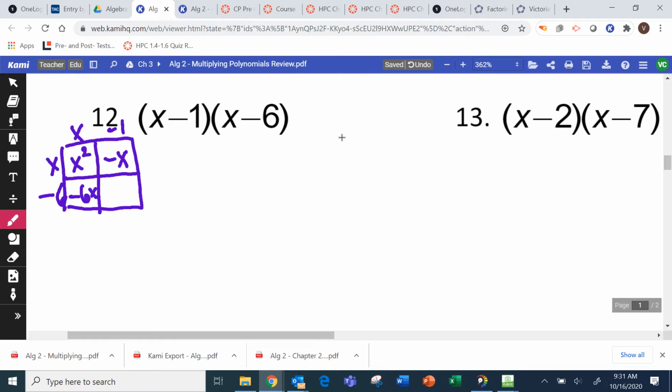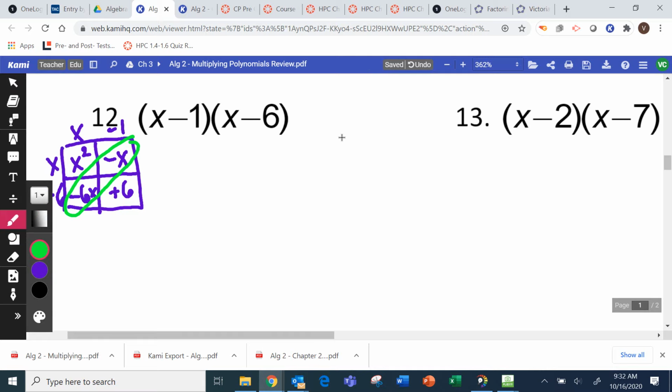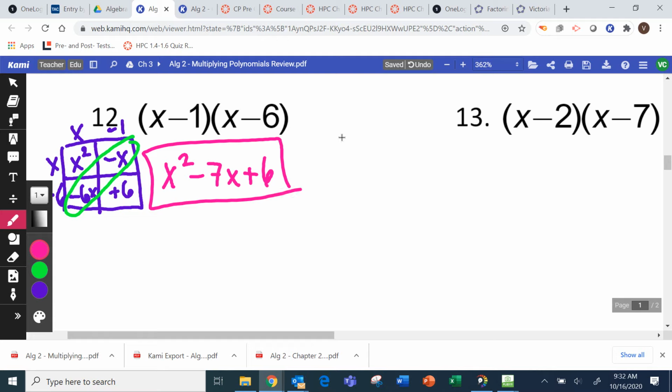And a minus 6 times a minus 1 is a positive 6. You'll notice this doesn't always happen, but very often these are going to add together. So x squared minus 7x plus 6 would be our answer for that one.